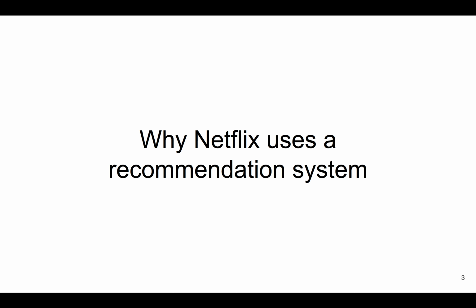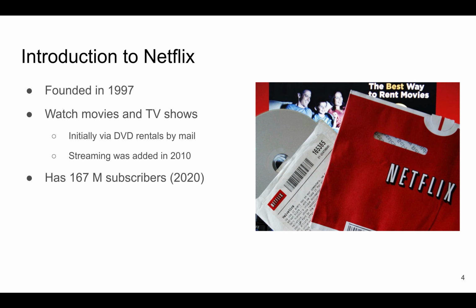All right, so why does Netflix use a recommendation system? Netflix was founded in 1997, and it allows its subscribers to watch movies or TV shows. In the beginning, Netflix sent you movies which were DVDs, which you rented from them, and you received these movies in the mail.